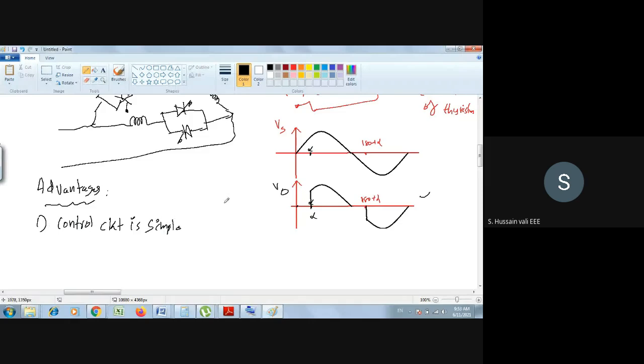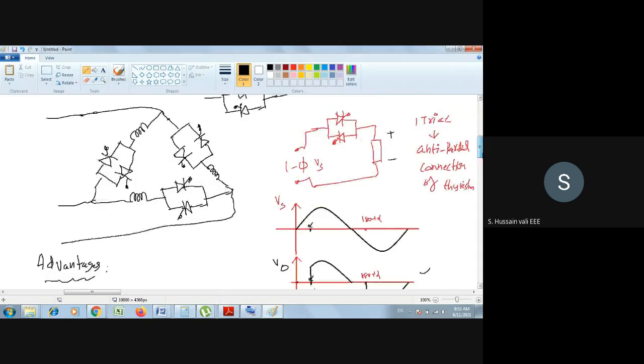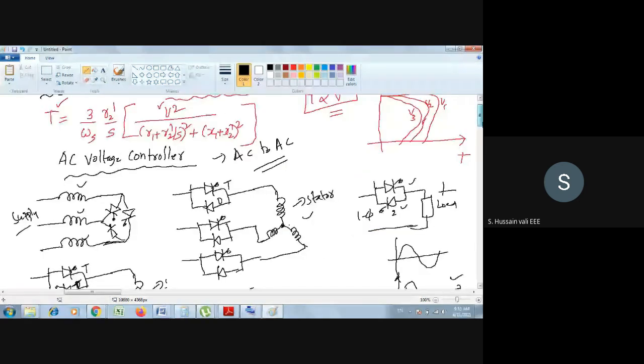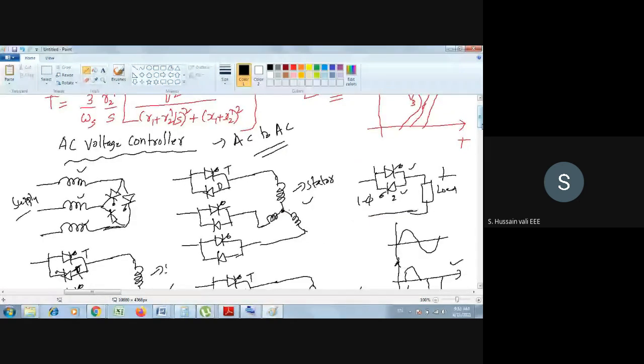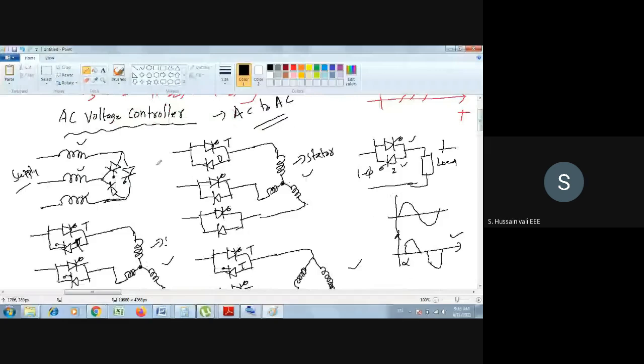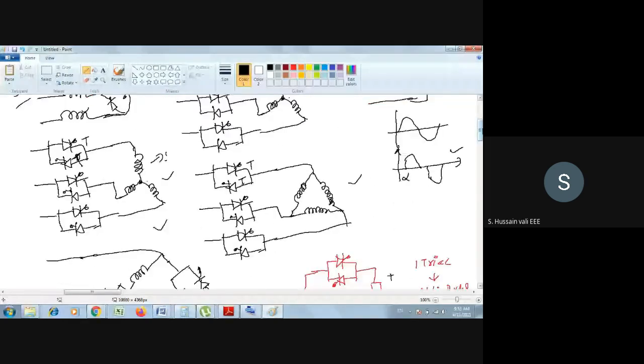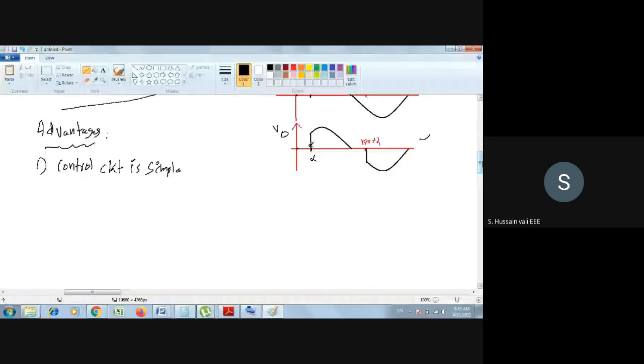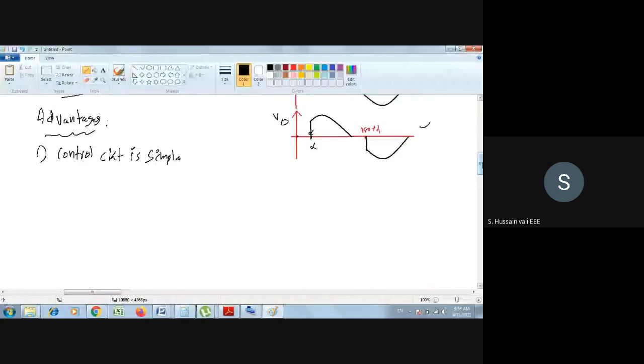If it is three phase, you have six thyristors. Or in the half wave AC voltage controller, only three thyristors are enough. So comparatively it's a simple circuit, and the triggering circuit is also very simple for the thyristors. They are readily available. So one advantage is that the control circuit is simple.